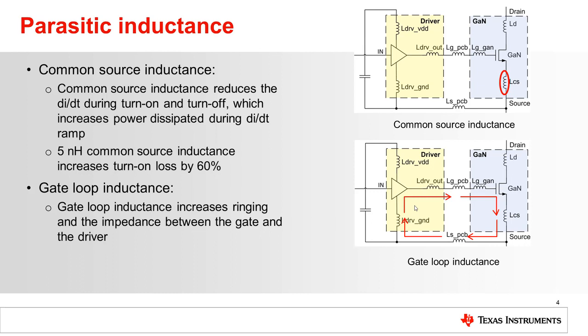This could lead to shoot-through, which not only increases the power dissipated in the device, but also could cause the device to fail due to operation outside of the safe operating area, or SOA. The other effect of the gate loop inductance is that it could increase the ringing at the gate, and the ringing can cause the device to turn on and off unintentionally. With our TI-GaN's integrated package, the gate loop inductance is minimized for the best gate driver performance.